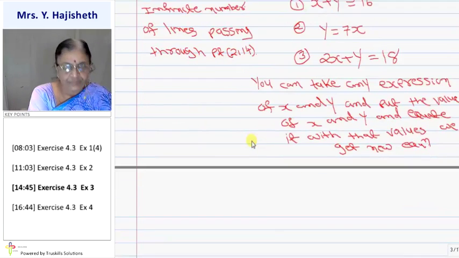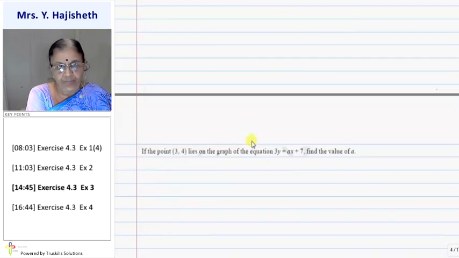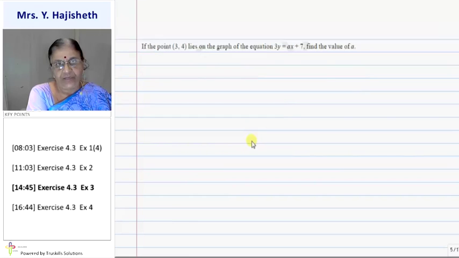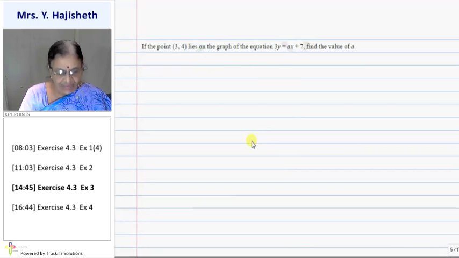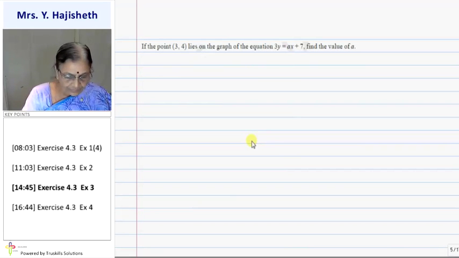Okay. Now third question is if point (3, 4) lies on the graph of the equation 3y is ax plus 7, find the value of a.